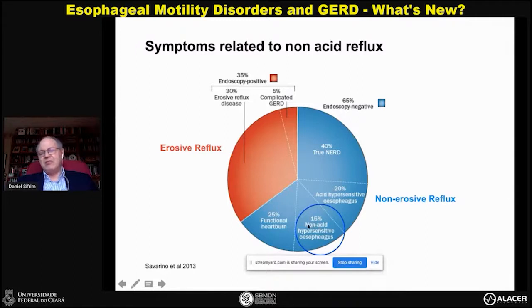This cannot be detected by pH-metry, either catheter-based or wireless. Of course, you can say, well, this is a small group. Well, if you have millions of people with reflux symptoms, 30% of refractory patients, out of this 30%, 15% might be sensitive to non-acid reflux. That is not a negligible number of subjects.